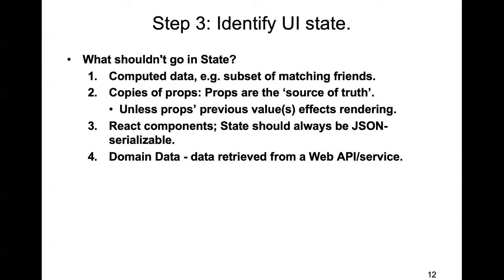Now, if you think of the filtered friends application, that's exactly what I did. When I received the list of friends from the random user API, I actually stored the full list of friends in a state variable in the top component in my hierarchy, I think.